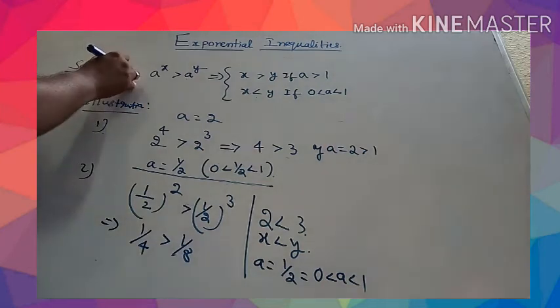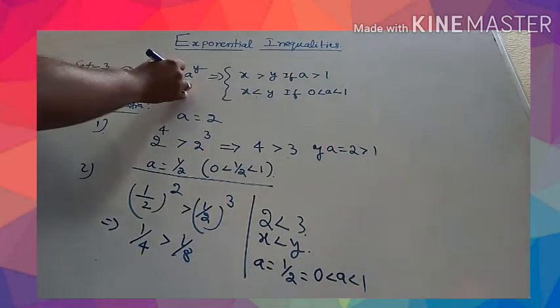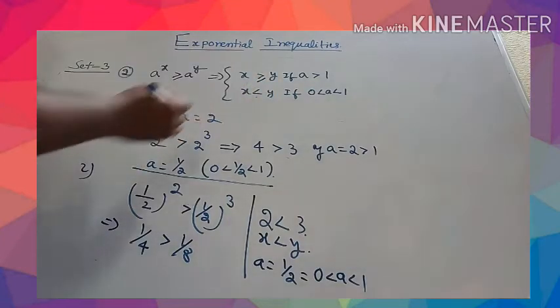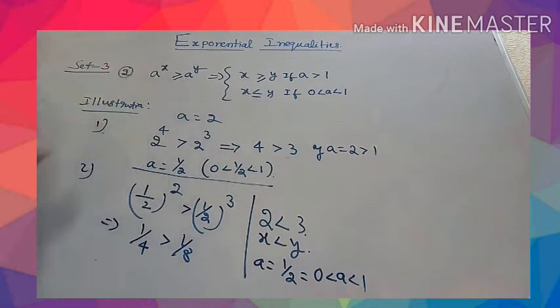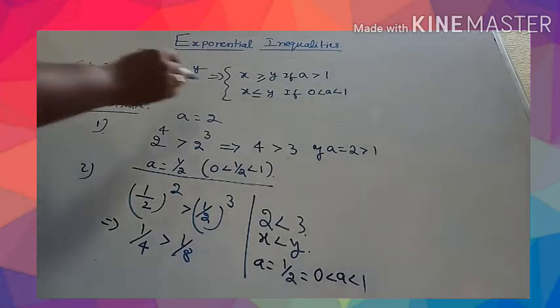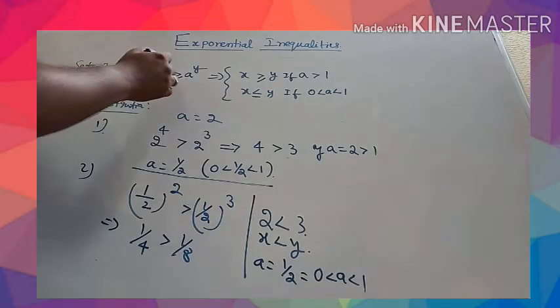Now in step 3, the second one, when you will have greater than or equal to, right? When you have x greater than or equal to y, and here when x is lesser than or equal to y, you will maintain this result. When we have equal to, when x equal to y, a power x equal to a power y.